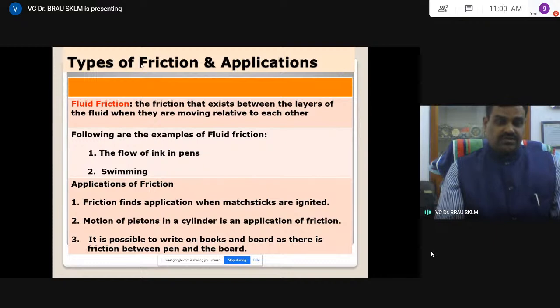When you are erasing, there is friction between the duster and the board. Wherever you are working, this concept will come into the picture. You can specify n number of applications. Any surface which we keep, if we want to slide or rotate it, these friction concepts come into the picture.